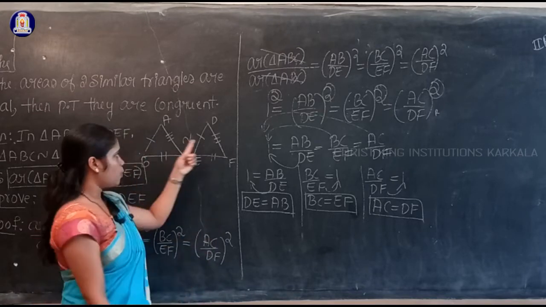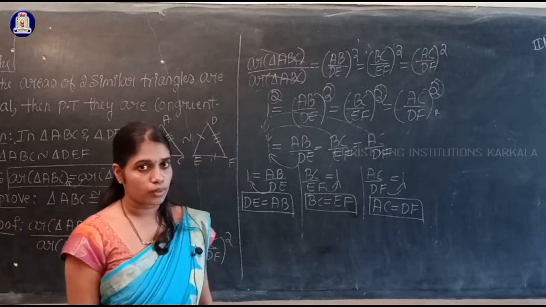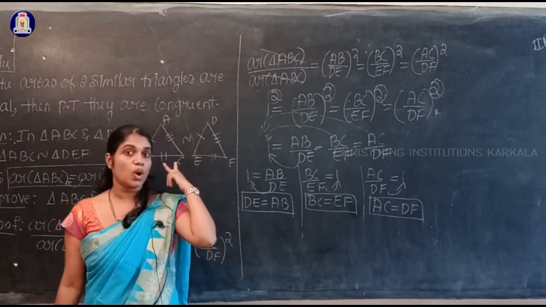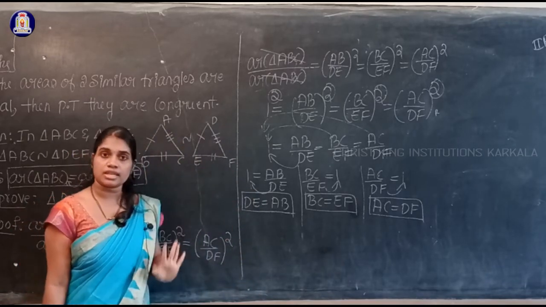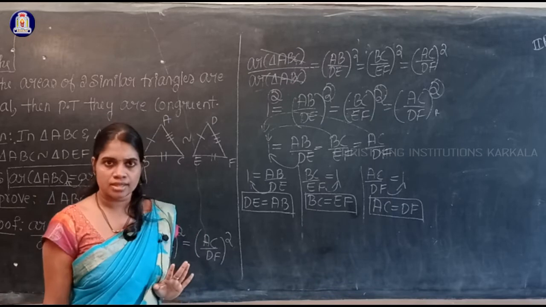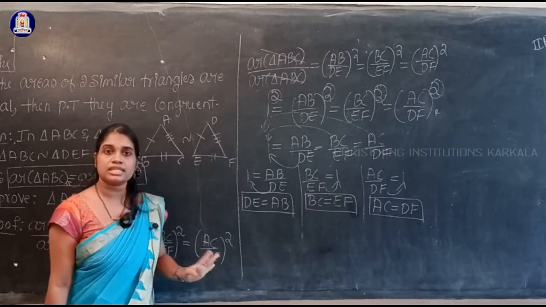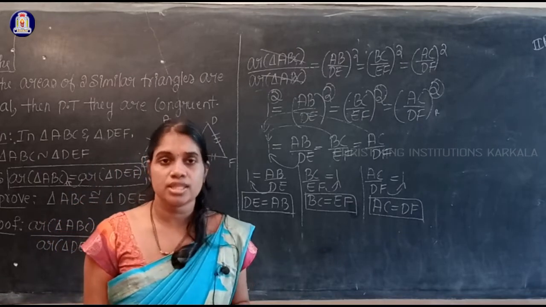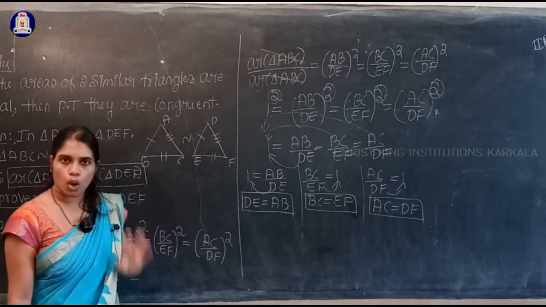So therefore, by using side congruency rule, can you say these two triangles are congruent? Yes, since the corresponding sides of the given two triangles are equal, and by using side congruency rule, I can see that these two triangles are congruent.